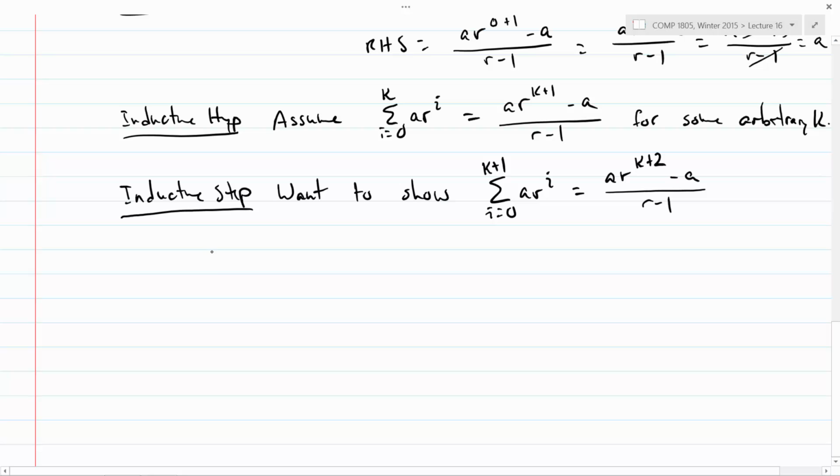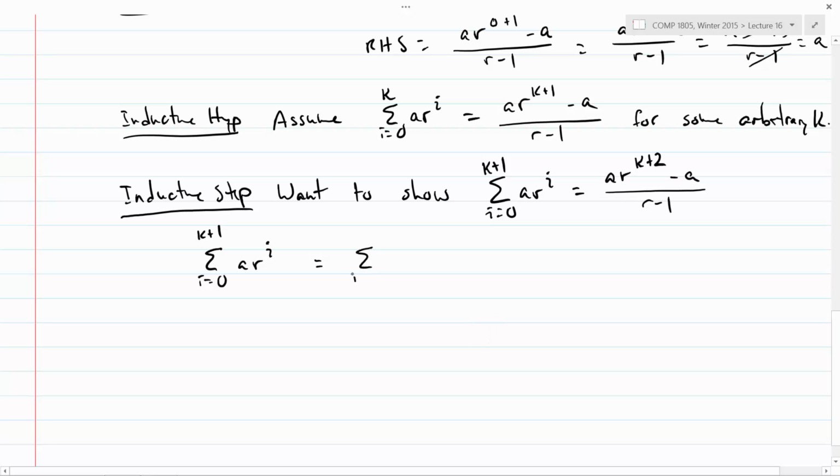All right, so the sum from i equals 0 to k plus 1 of AR to the i. Well, I know something about the sum from i equals 0 to k, but I have the sum from 0 to k plus 1. So one thing I can do is split this sum up into two things.